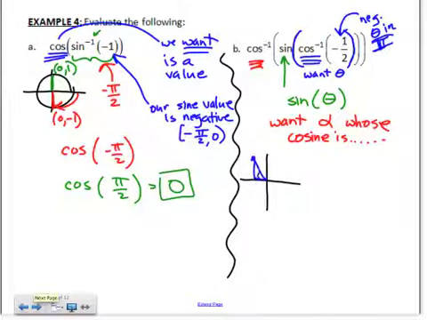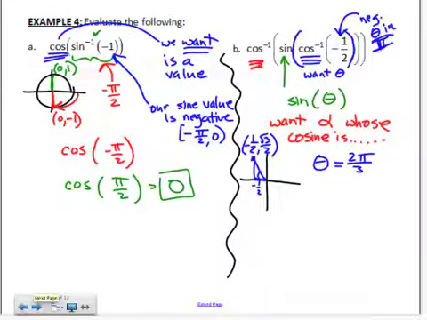Our reference angle is pi over 3. There's our -1/2 for x, so this is -1/2, square root of 3 over 2. And what is our angle in that quadrant? It's 2 pi over 3. The reference angle was pi over 3. The angle is 2 pi over 3.